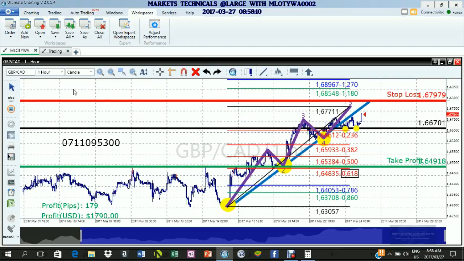So now that is our signal for today. To go short on the break of 1.6670.